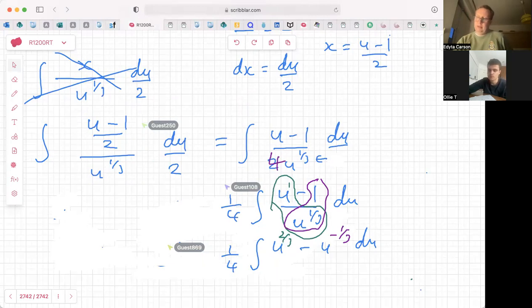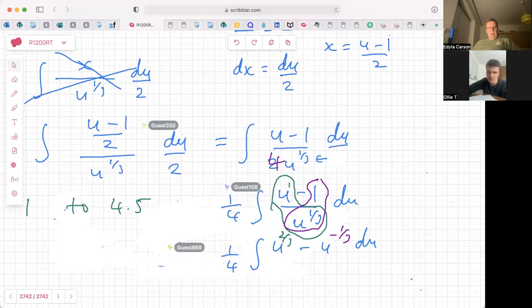Great. Okay. So the problem itself asked you to integrate between the limits 1 to 4.5. What would you do about those? Do you have to do anything with them?